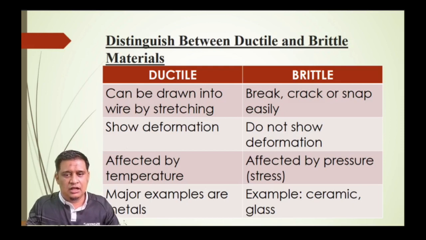Second, ductile material shows deformation, but brittle material does not show deformation. Third, ductile material is affected by temperature, while brittle material is affected by pressure. Major examples of ductile materials are metals, and examples of brittle materials are ceramic and glass.